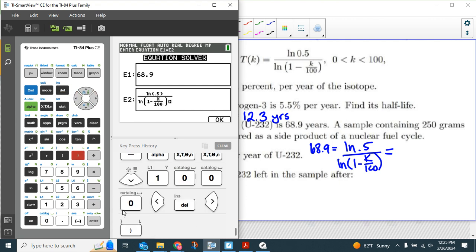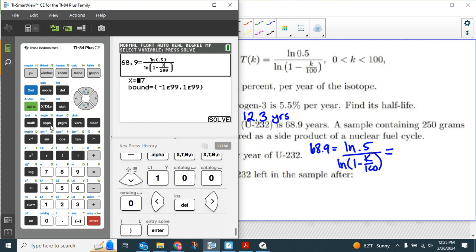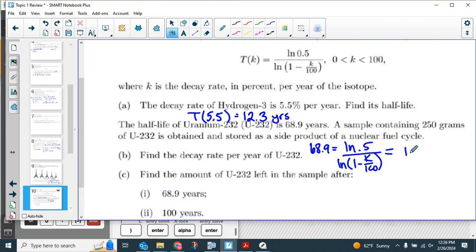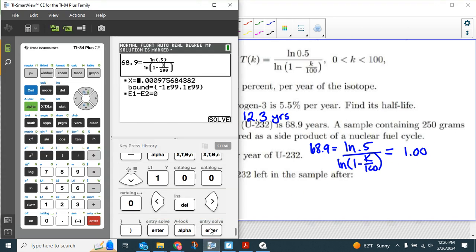All right, enter. And then, of course, alpha enter to solve. So we get 1.0009, technically it would just be 1.00%.